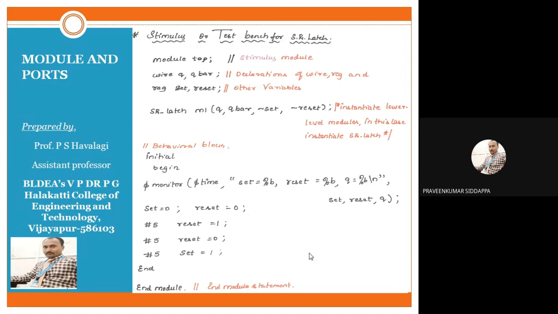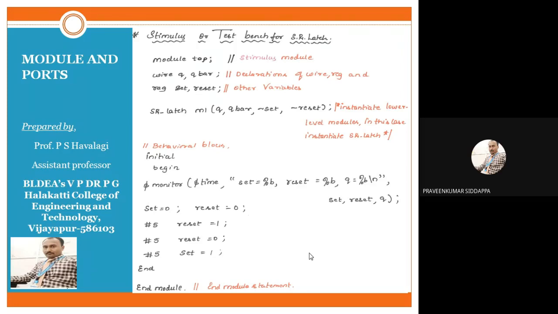The same inputs, if you are writing them in your test bench, we have to initialize by using a register. In Verilog code we use the keyword input, but if we are initializing the same input in a test bench, we have to call it a register.